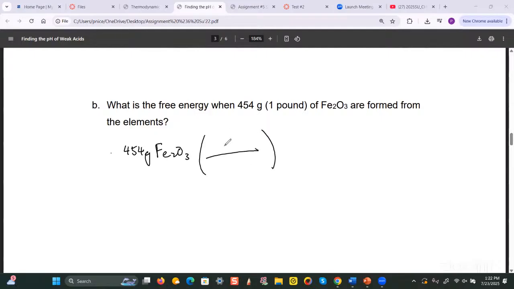So you're going to have 1 mole of Fe2O3 over the molar mass, which I've calculated already to be 159.69 grams of Fe2O3. And then I'm going to multiply this by the standard free energy of formation, which is minus 742.2 kilojoules over 1 mole of Fe2O3.